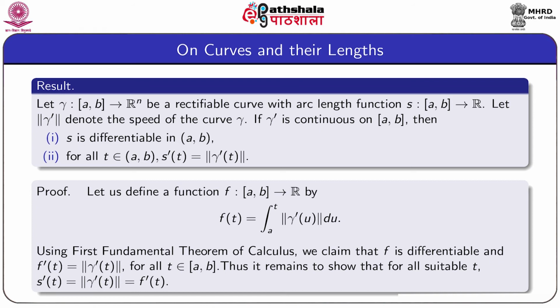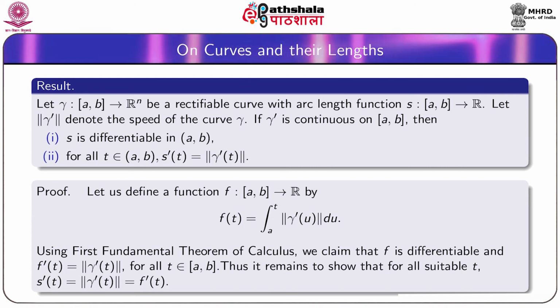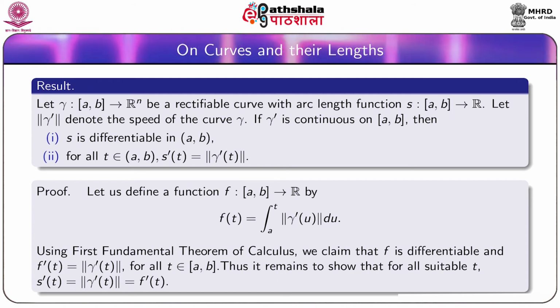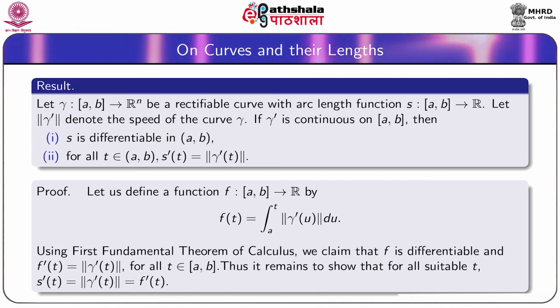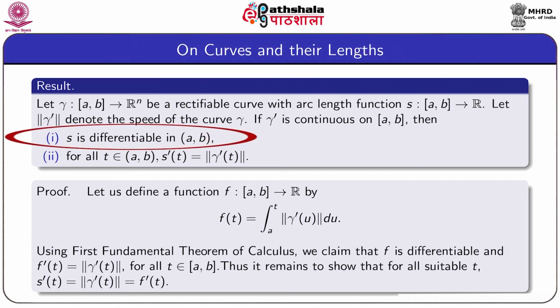Result. Let gamma from the bounded closed interval [a, b] to R^n be a rectifiable curve with arc length function S from [a, b] to R. Let the norm of gamma' denote the speed of the curve gamma. If gamma' is continuous on the closed interval [a, b], then we have, first, S is differentiable in (a, b).